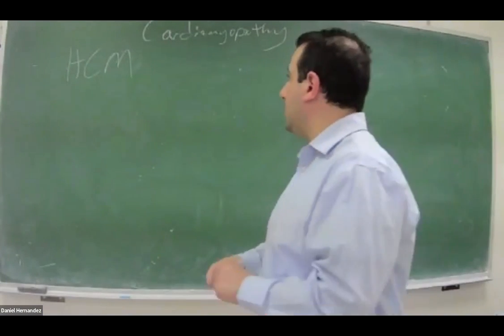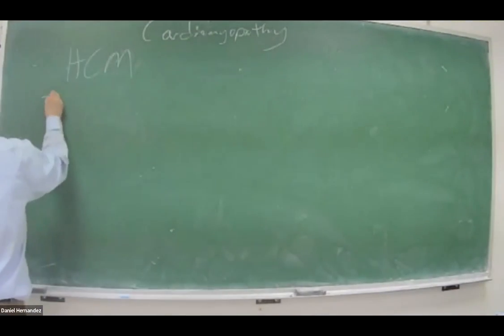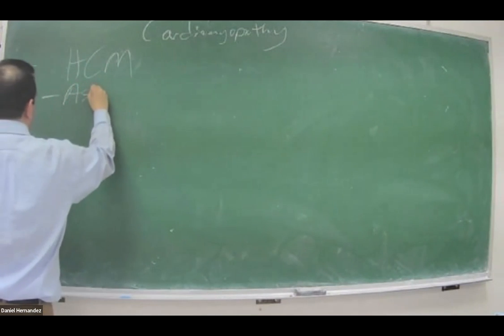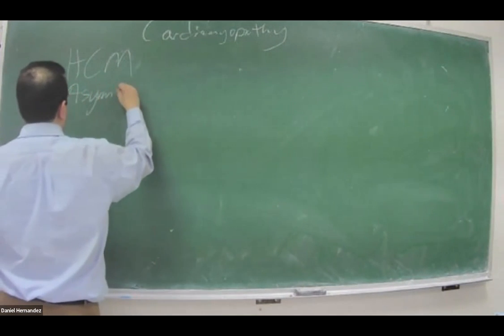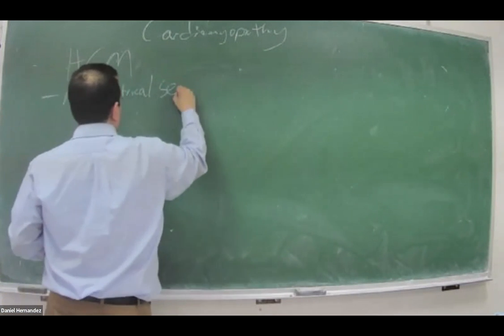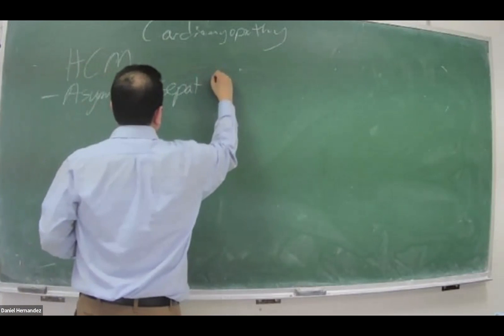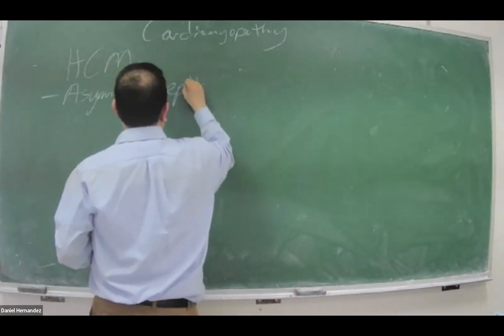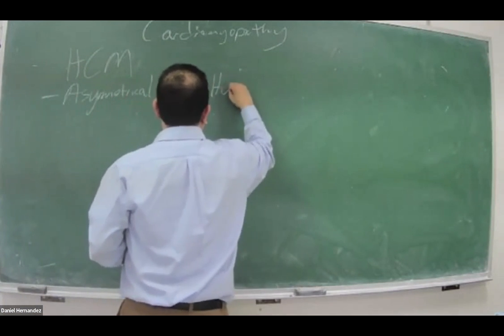So with hypertrophic cardiomyopathy, most common is going to be our asymmetric septal hypertrophy.